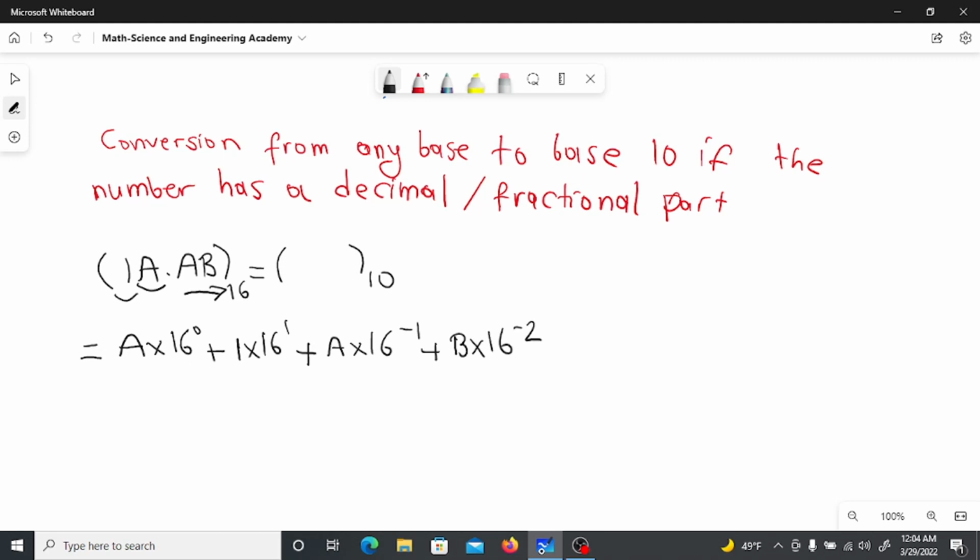16 to the minus 1 is 1 over 16, which is 0.0625. And 16 to the minus 2 is 1 over 16 squared, which is 1 over 256. Let's find those numbers first.